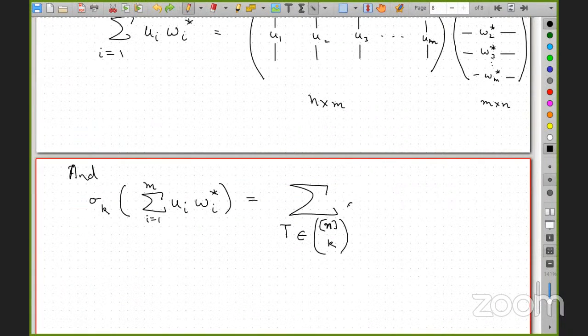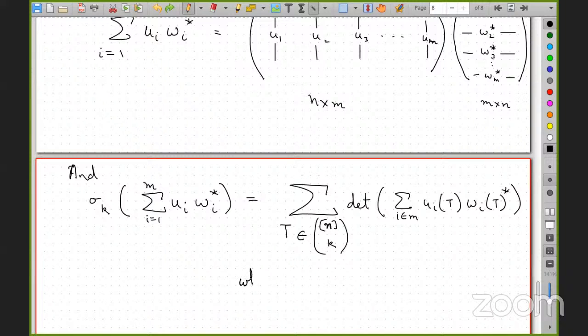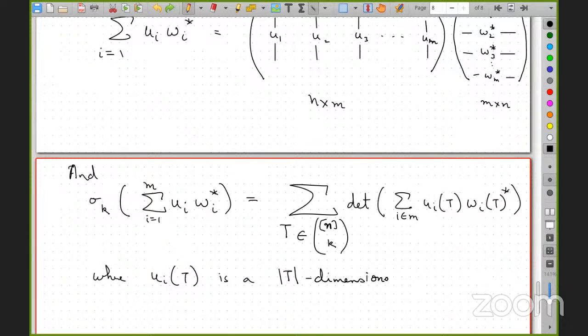And then I take the determinant here of u_i restricted to t, w_i restricted to t, where u_i^t is a t-dimensional vector, obtained in the obvious way, right? A t-dimensional vector obtained by restricting the coordinates.